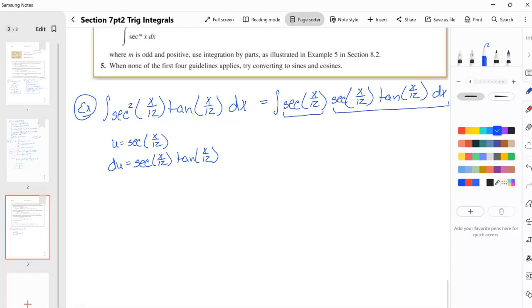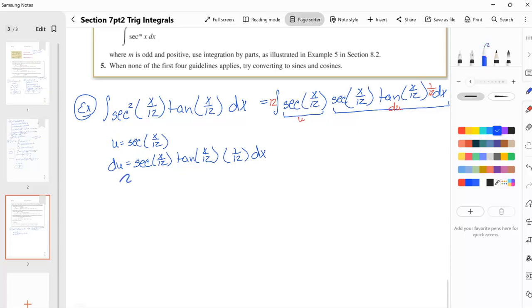That would be du, but don't forget we got to take the derivative of the angle, which is 1/12. So we are missing the 1 over 12. We can compensate as long as we multiply in a 12 somewhere else in the problem. So this would be u. All of this gets absorbed inside of du.